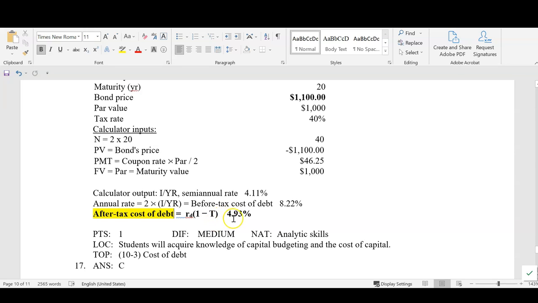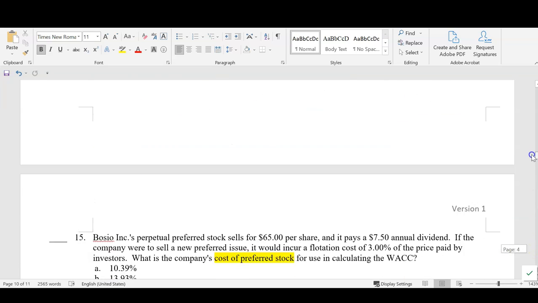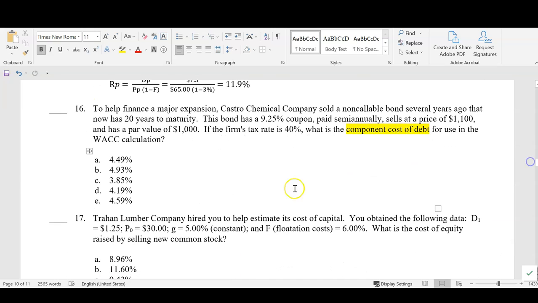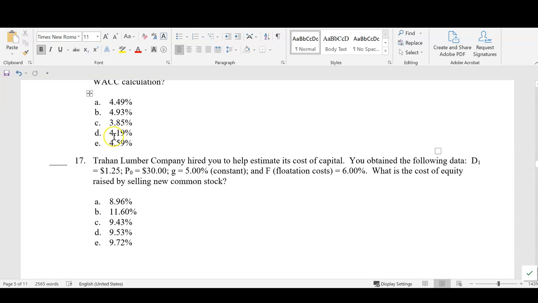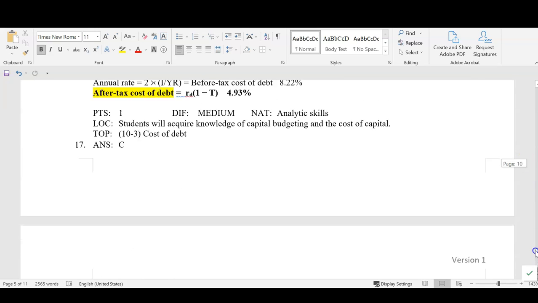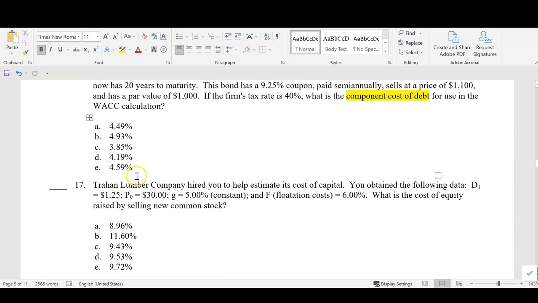So we have 4.93% as our final answer. So for this question 16, our final answer should be option B, 4.93.